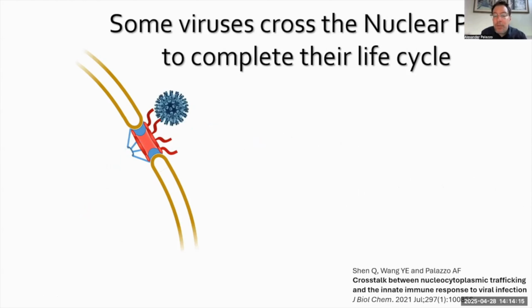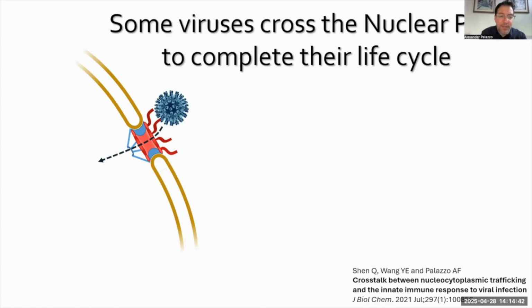The nuclear pore is not only used by the cells, but is actually accessed by the viruses. Many viruses have to enter the nucleus to complete their life cycle, and many of these viruses dock onto the pore. Some of them traverse the pore, and some viruses shed proteins that interact with the pore. There seem to be a lot of connections between viruses and the pore itself.